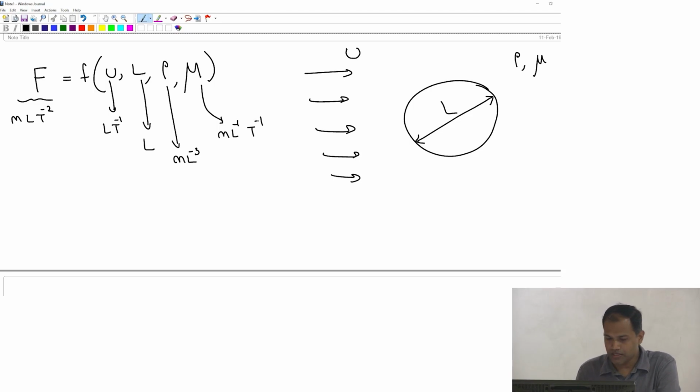Okay, so that means we have identified n is equal to 5, j can be 3 because it's mass, length and time, and therefore we should find k which is equal to 5 minus 3, 2 non-dimensional variables that we should be able to identify.